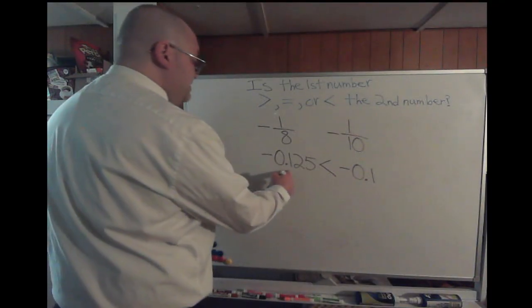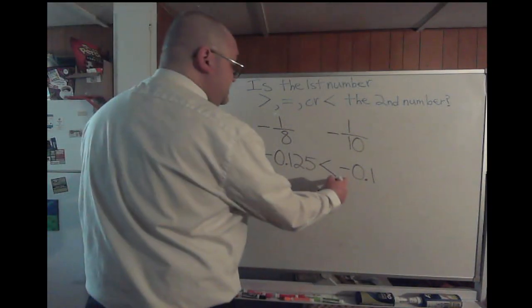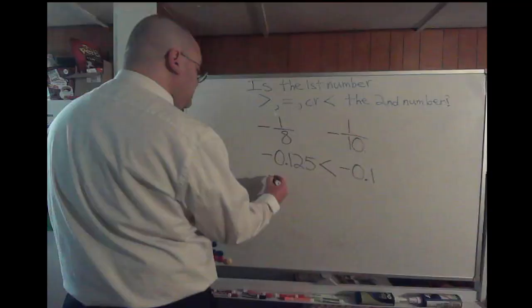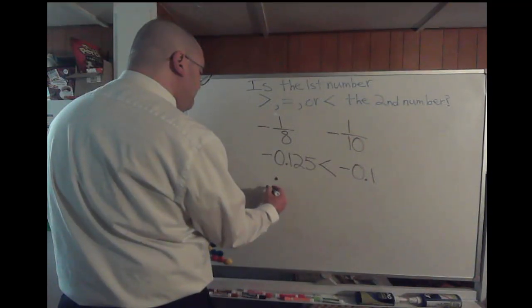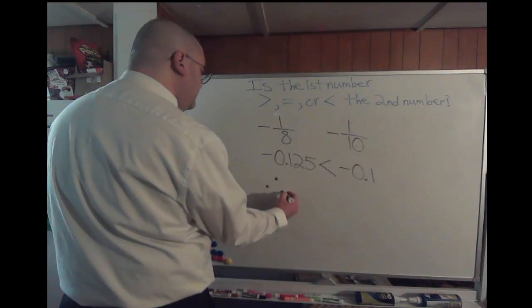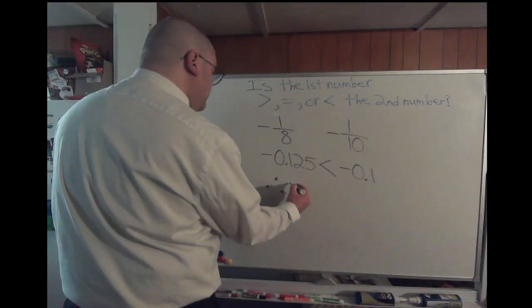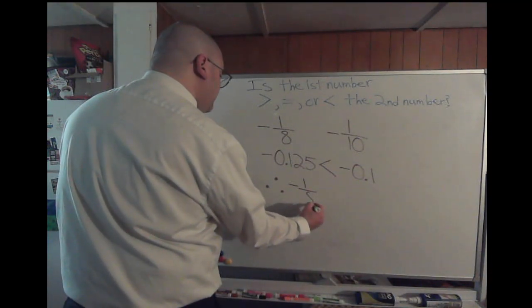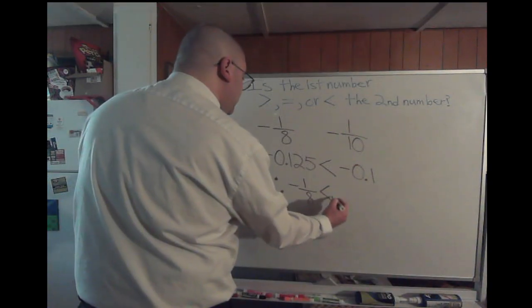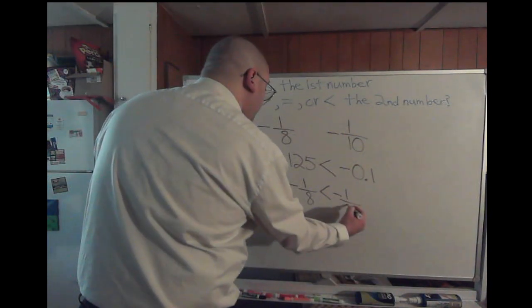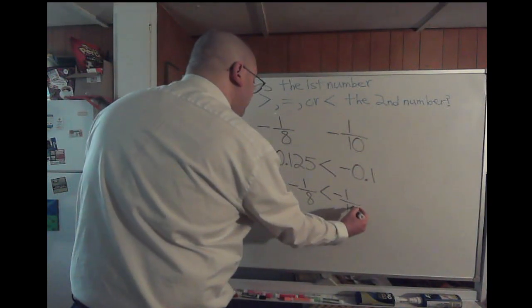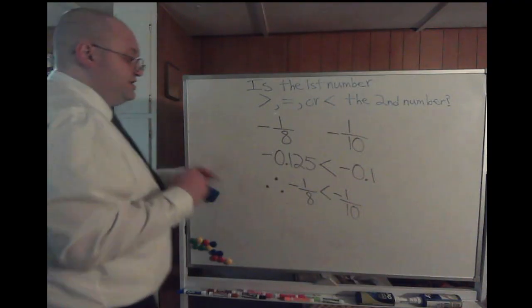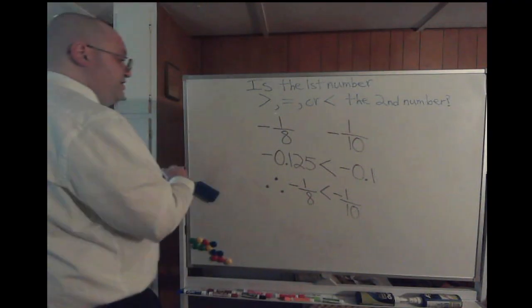So negative 0.125 is actually less than negative 0.1. So therefore, negative 1/8 is less than negative 1/10.